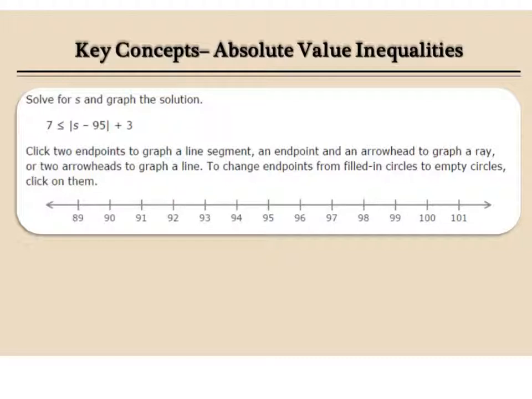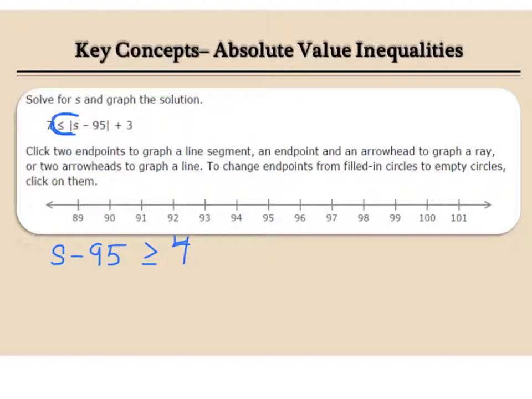I'm going to rewrite this with the absolute value on the left-hand side. Okay, here I've rewritten it. It's the absolute value of s minus 95 is greater than or equal to 4. I wrote it with the greater than or equal to because the larger end of the inequality sign up here was pointed towards the s.